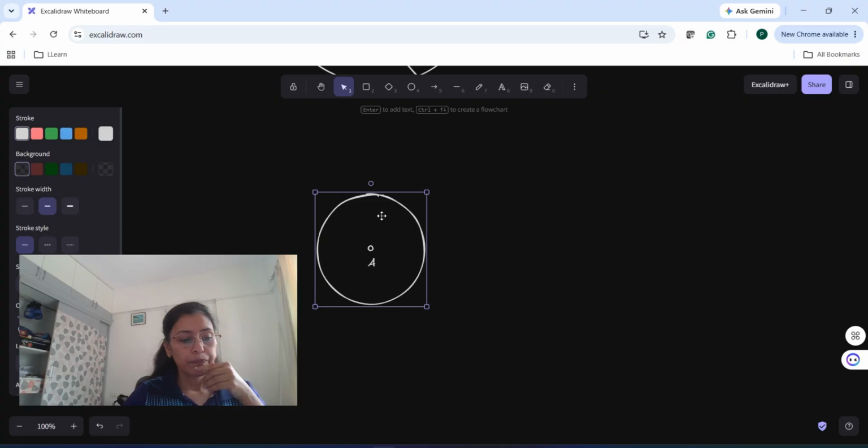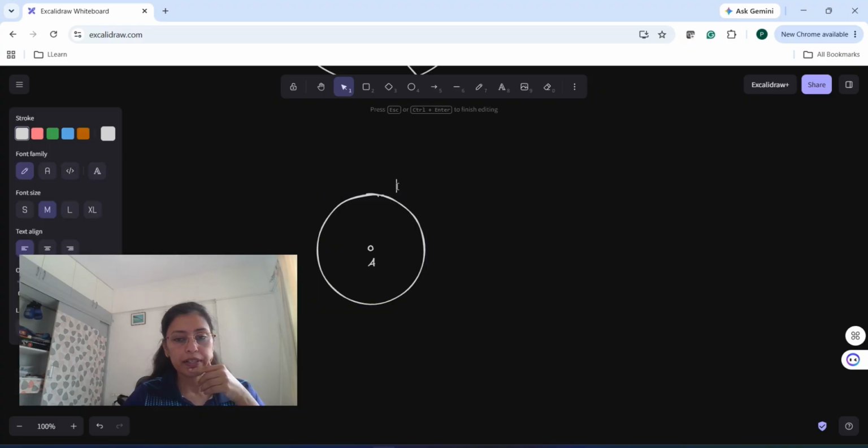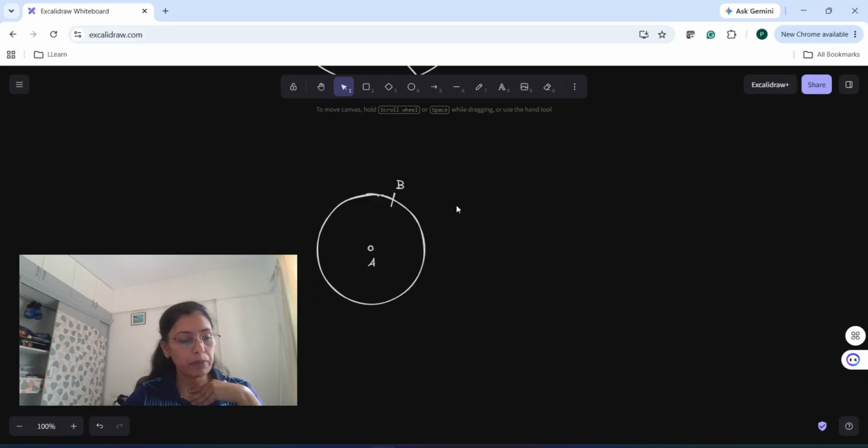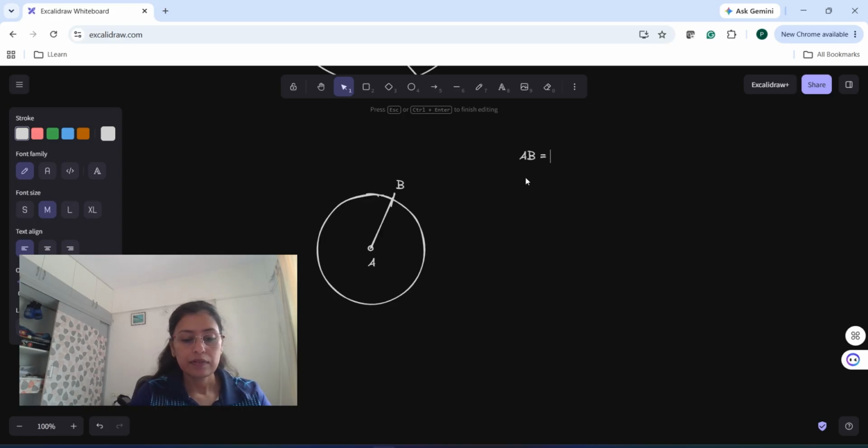Now, any point, for example, I'll have a point here, B. This is the point B. Now, this AB, what is it called? I just now told you, right? This is called the radius.